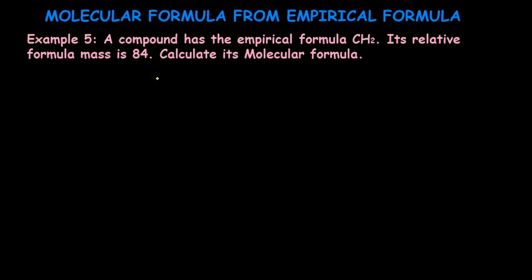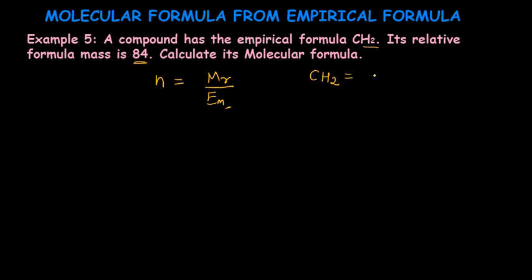Now here the main part is how to calculate the n. We can do that by dividing the molecular mass, that is the Mr of this compound, by the empirical mass of the compound. So the molecular mass is already given in the question, but we need to calculate the empirical mass. Now we know the empirical formula, which is here CH2.